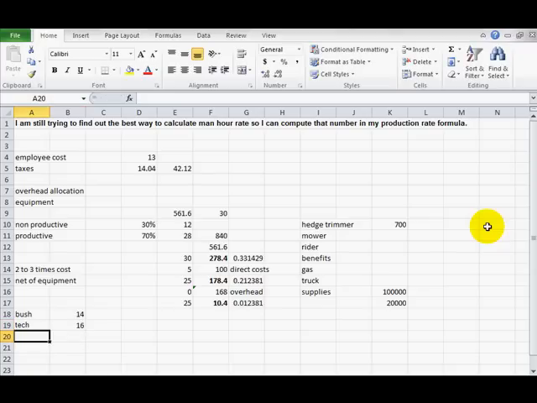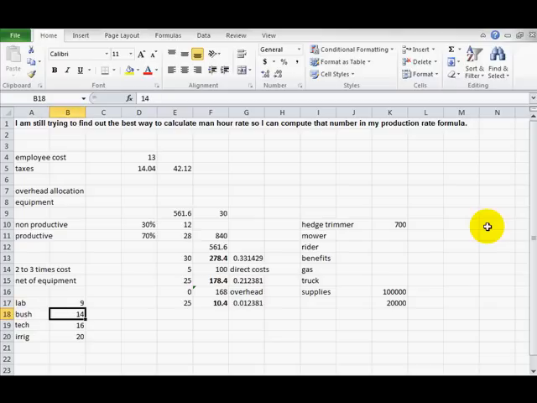Maybe I've got an irrigation guy that's getting the equivalent of $20 a man hour. Well, I'm going to sell all of these services at different billing rates. Maybe I've got a laborer on a mowing crew that makes $9 an hour. Now you're going to sell all their time at different rates because they cost you different amounts.